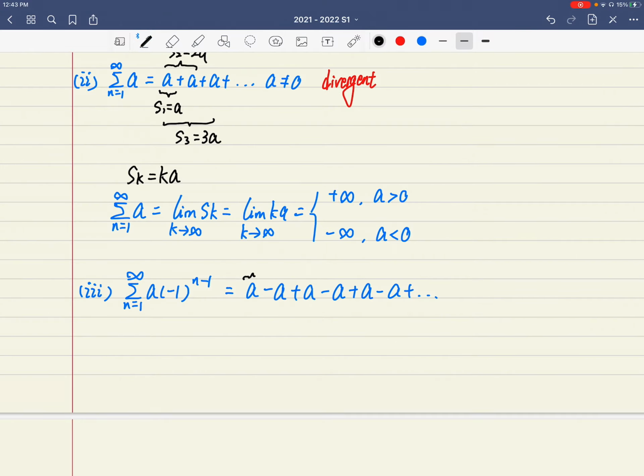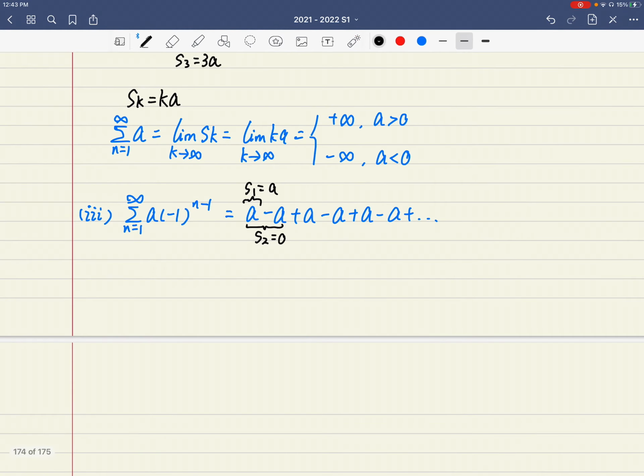What is S1? S1 is just the first term. What is S2? S2 is the sum of the first two terms, which is 0. What about S3? S3 is going to be a again. S4 is going to be 0 again. So you can see the partial sum is alternating between a and 0, so it is divergent.